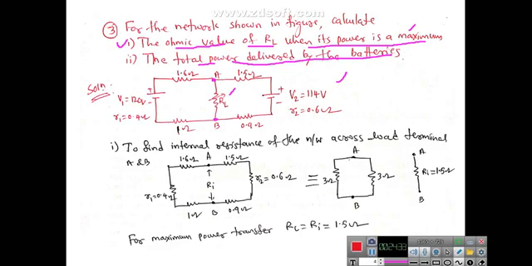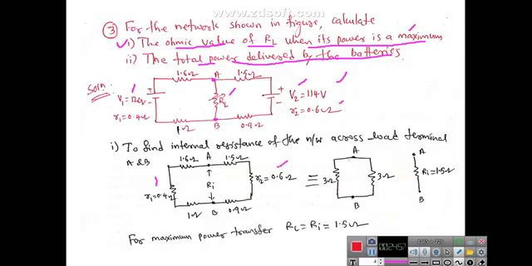So you have removed the load resistor, and this voltage source of 120 volts will be replaced by only its internal resistance of 0.4 ohm, and voltage source V2, having internal resistance 0.6, will be replaced by 0.6.